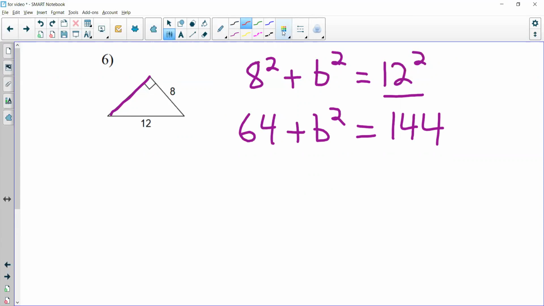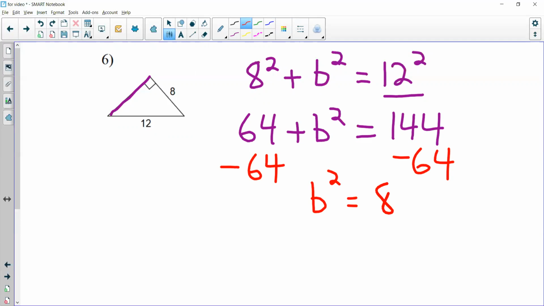Next, we want to keep our b squared where it is. So we'll subtract 64 from both sides of the equation. That gives me b squared equals 80.